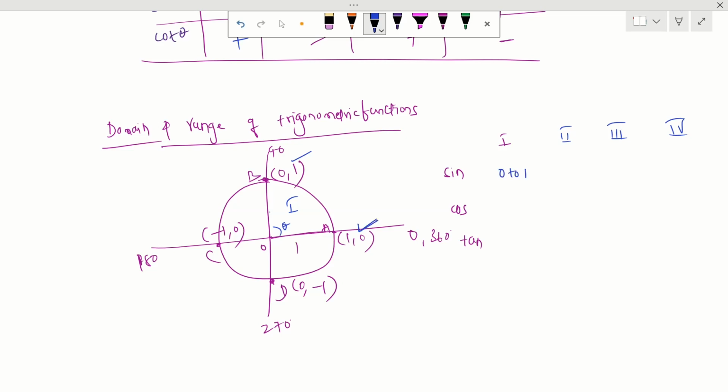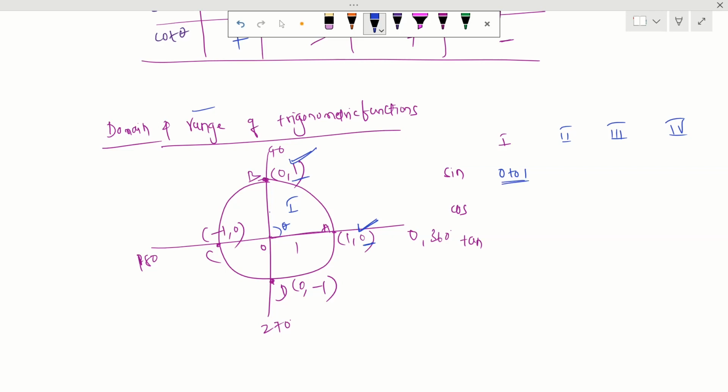This is the range we are calling. The domain means the respective values: sine 0 is 0, sine 90 is 1. That is the domain, and these are the ranges.